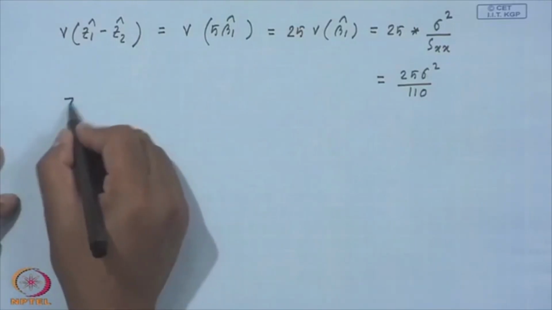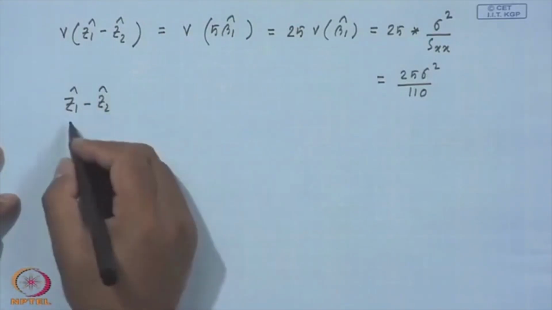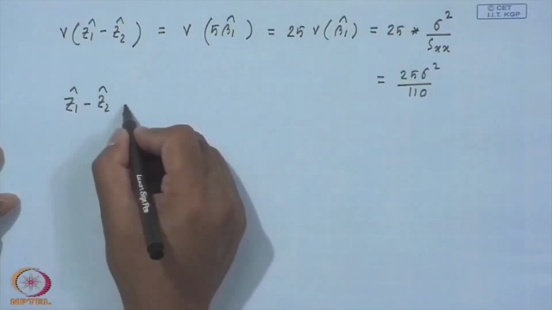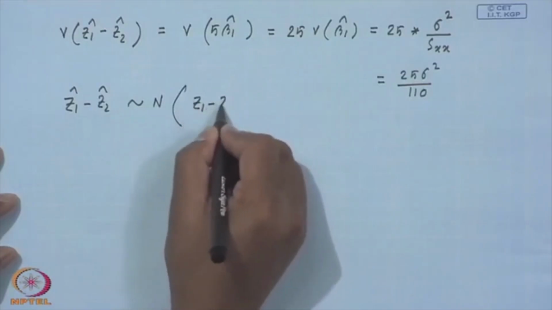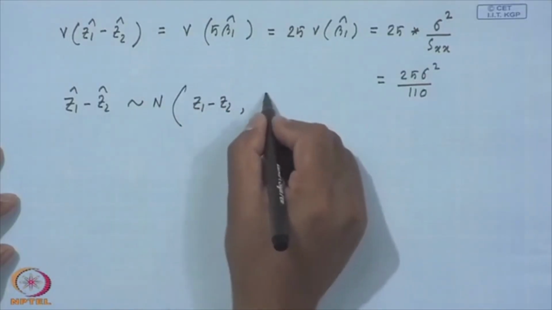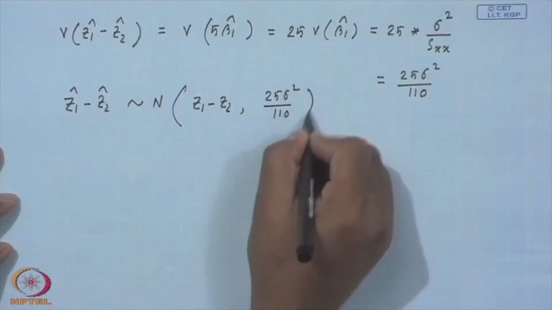Okay. So, Z 1 hat minus Z 2 hat, which is an unbiased estimator for Z 1 minus Z 2, follows a normal distribution with mean Z 1 minus Z 2 and variance 25 sigma square by 110.